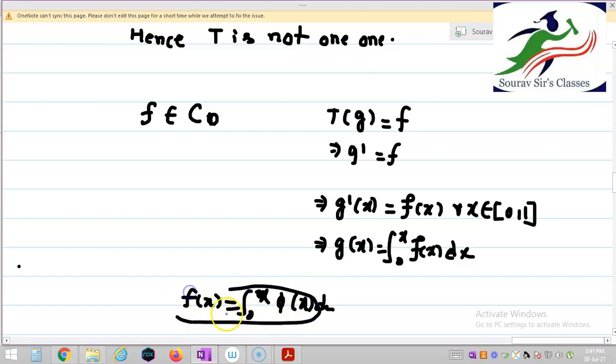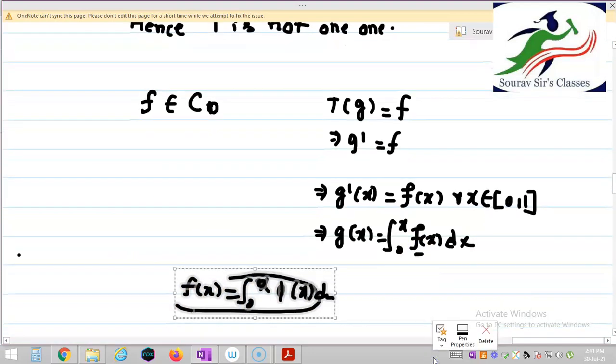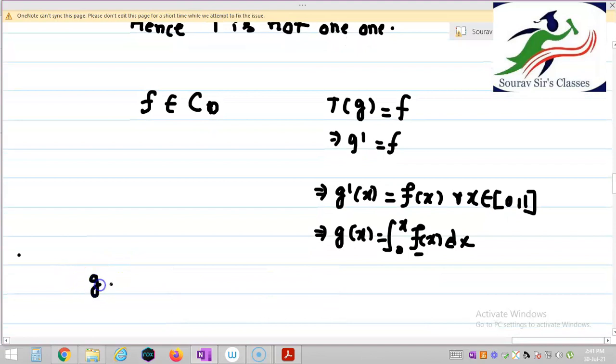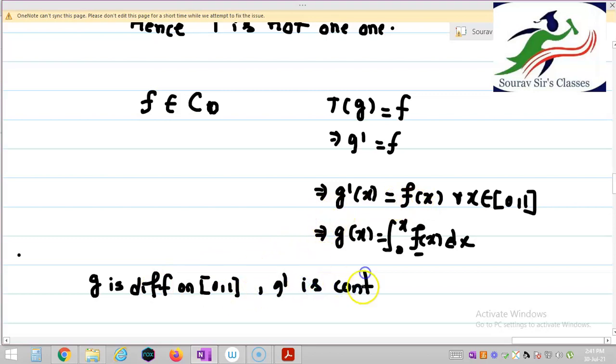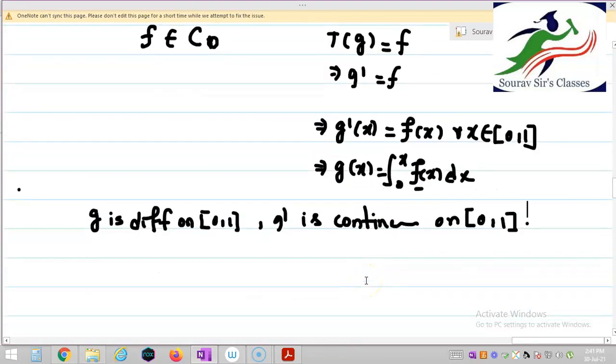Are you getting my point? Now observe that here we know that this f is continuous. So I can say that g is differentiable on 0 1, and the derivative of g is equal to f of x. F is continuous and g dash is continuous on 0 1 also. Now g is differentiable and g dash is continuous. So I can say that this g belongs to C1.